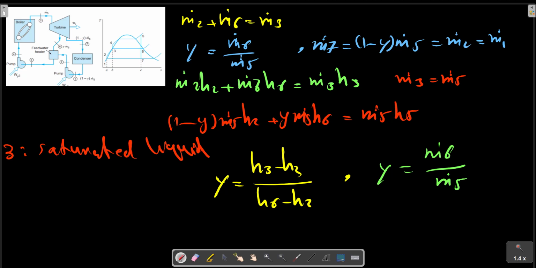This establishes the maximum extraction fraction. We should take out this extraction pressure. This cycle is somewhat difficult to show on this diagram because the masses flowing through the various components vary.